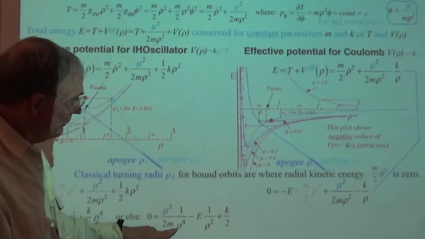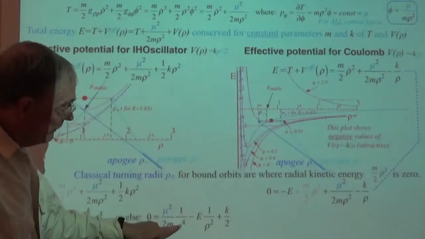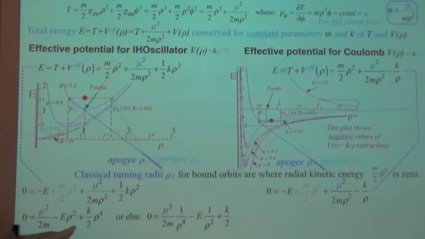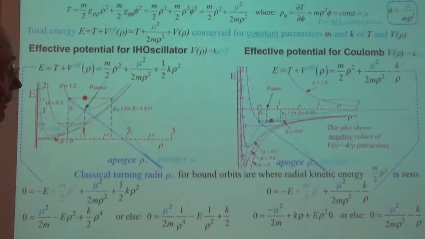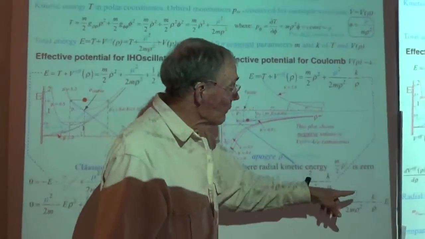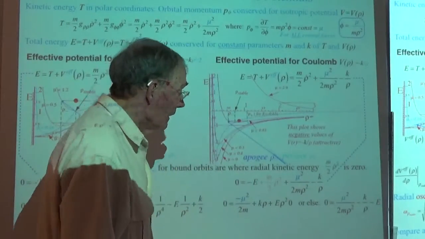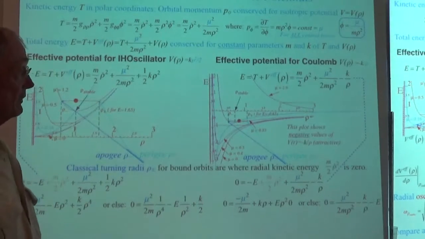You can solve this equation for 1 over rho squared by itself and constant, or you can solve this one. Both have some advantages and insight for us. Over here, you do the same, only this time it's 1 over rho and rho. Those are your two choices for getting the classical turning points.